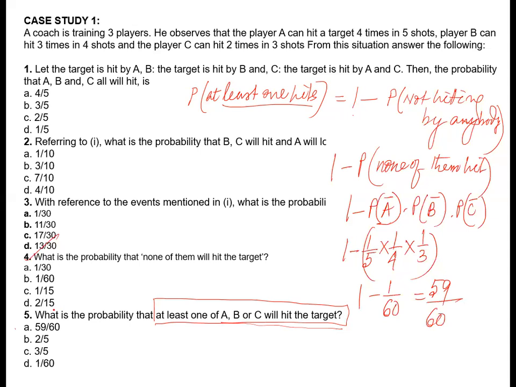So where is the answer? A is answer. So first is the probability of ABC all will hit. So it was P(A) into P(B) into P(C). So this will be 4 by 5 multiplies 3 by 4 multiplies 2 by 3. So it was 2 by 5.